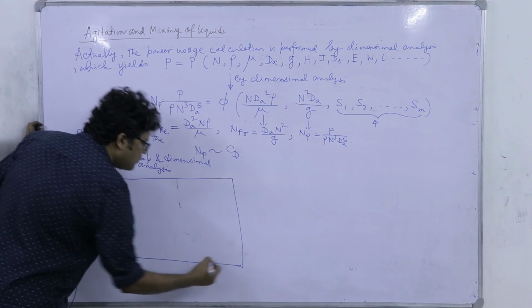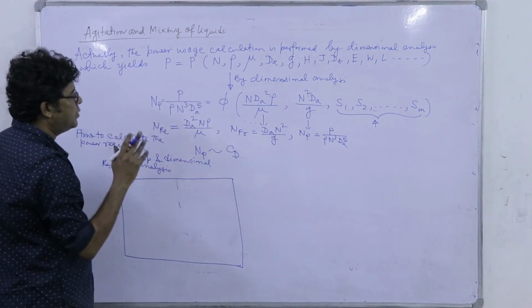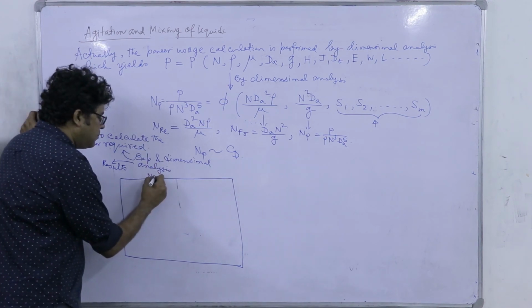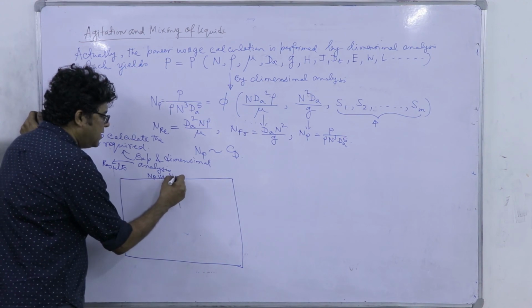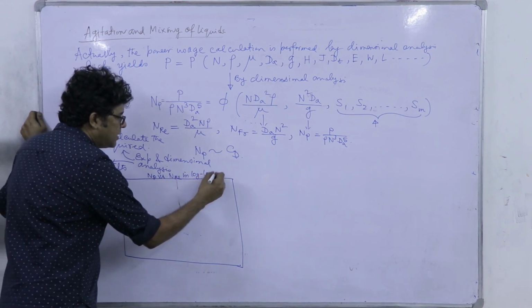So this is what we are going to plot, the actual functional trend between the power number and Reynolds number. This is NP versus NRE in a double logarithmic or log-log plot.